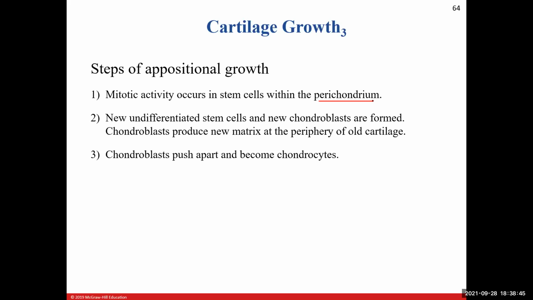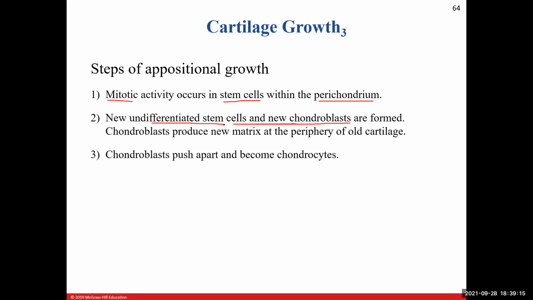So what we're going to see here with our stem cells in the perichondrium is that they undergo cell division. Where we had one stem cell, now we have two new cells. One is going to be a committed cell, which will then be a chondroblast, and the other will be an undifferentiated stem cell to divide again.